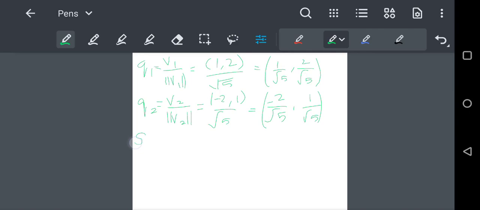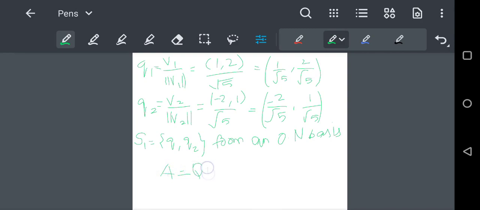So S1 is equal to {q1, q2}. When you take the norm and check, you can confirm it yourself. So S1 will form an orthonormal basis. Till this point it is the process for Gram-Schmidt.